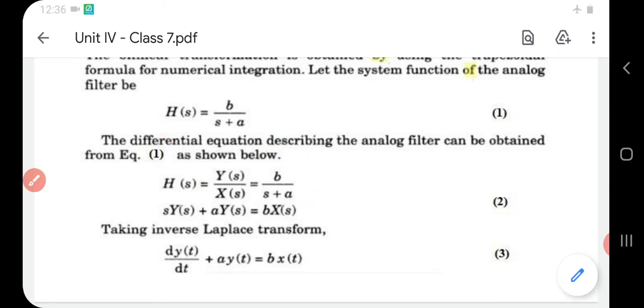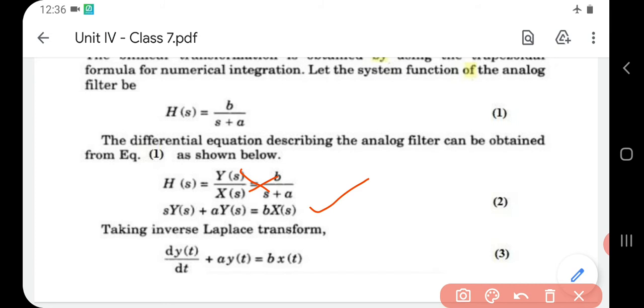Now we cross multiply these terms, that is Y(s) into (s plus a) and b into X(s). So by cross multiplying, (s plus a) into Y(s) equals b into X(s), we get equation 2.